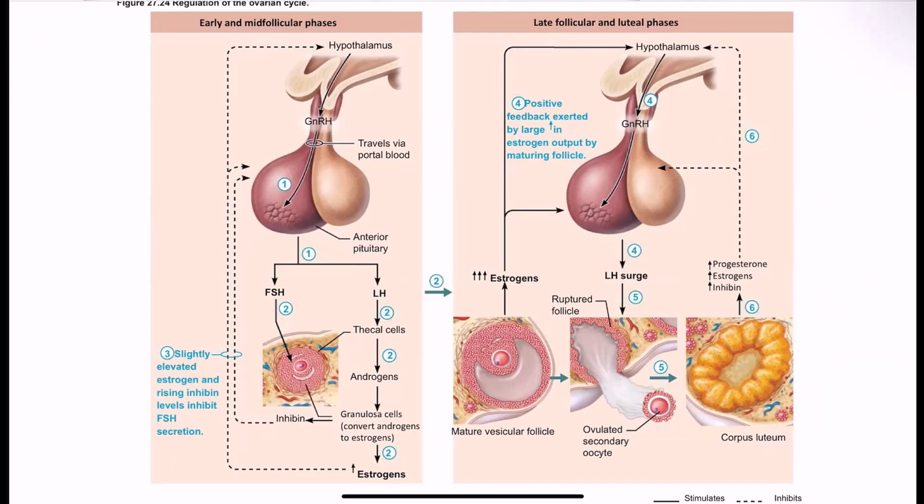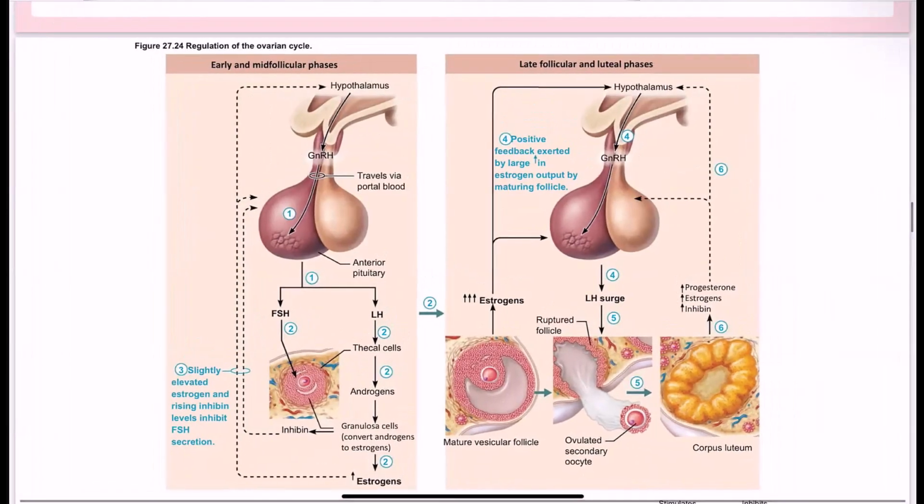LH stands for luteinizing hormone, like the luteal phase, like the corpus luteum. So LH is in charge of forming that corpus luteum, which then makes progesterone and estrogens. And then if pregnancy does not occur, LH levels kind of dwindle off. And then that corpus luteum just becomes that corpus albicans, that scar tissue. So that's the ovarian cycle. What happens inside the ovary, leading to ovulation and then thereafter.